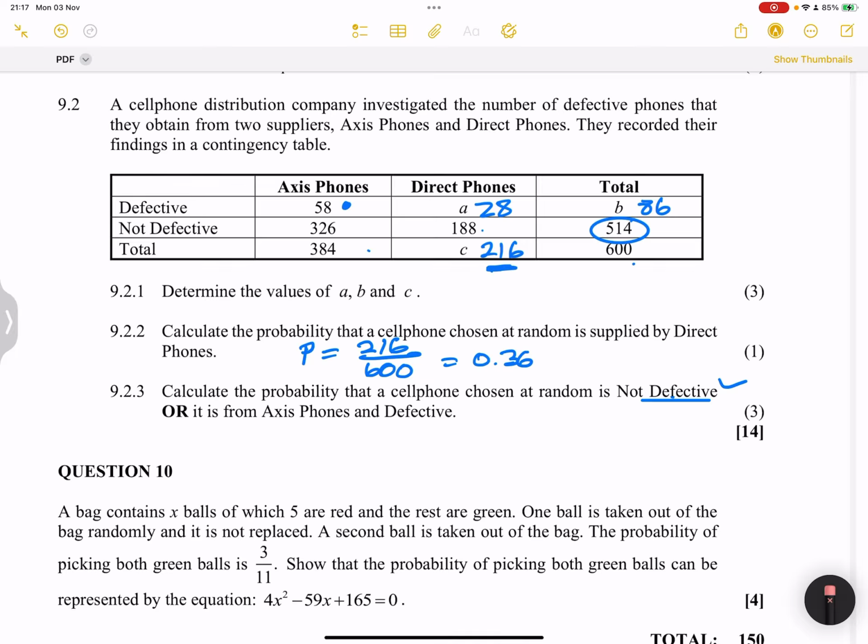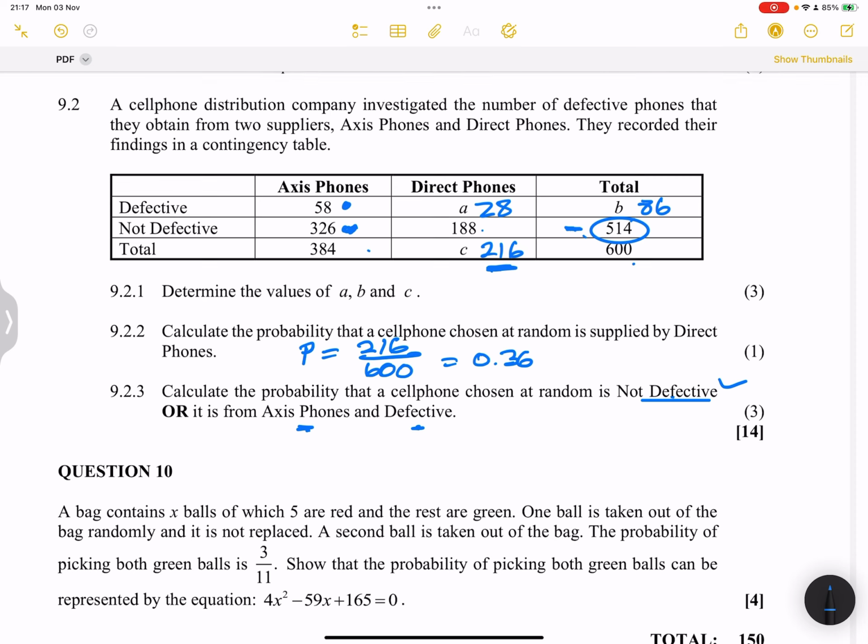Now remember, of the 540, it also includes phones that are from axis. So I want the ones that are axis and defective.